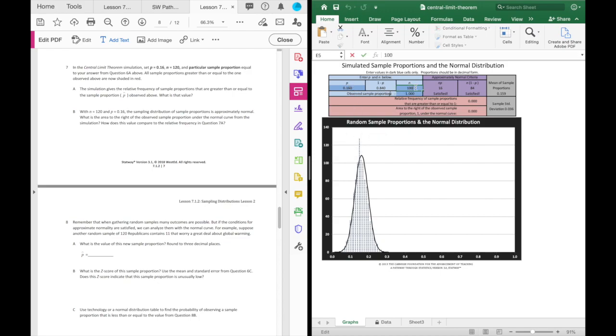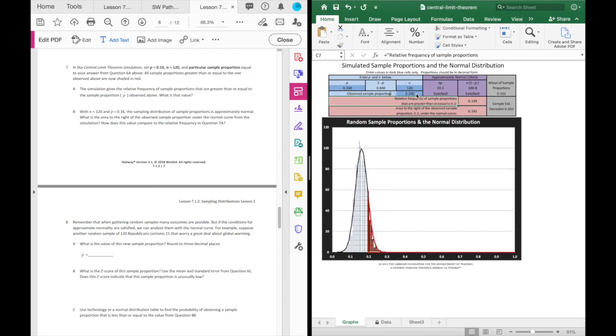N equal to 120, so I'm going to change that n to 120. And then the particular sample proportion, so what I'm going to do here is put 0.20 here because that's the answer that we got for 6a. Hit enter. What does this look like?